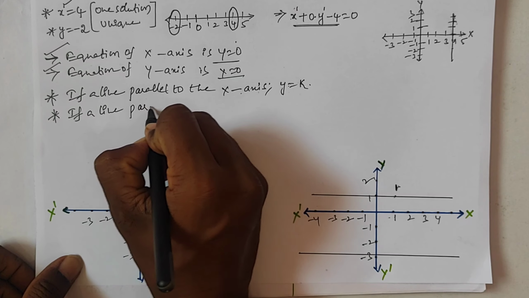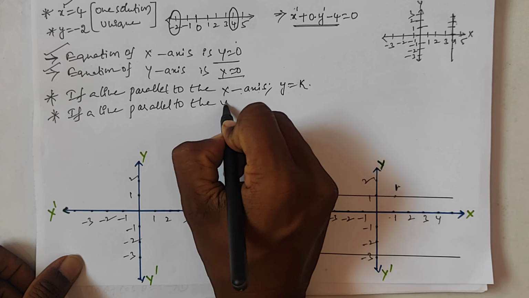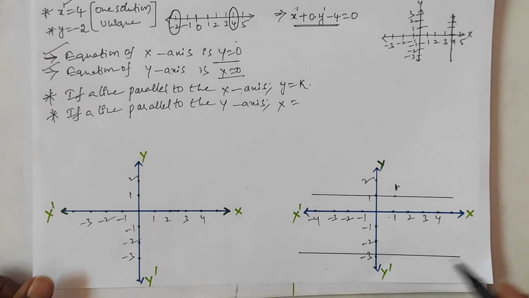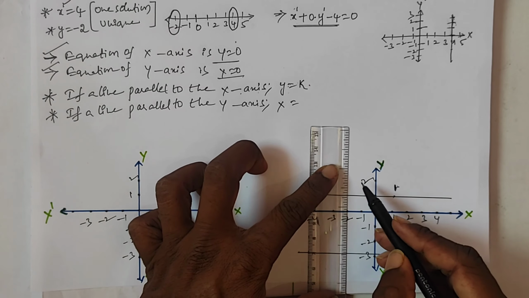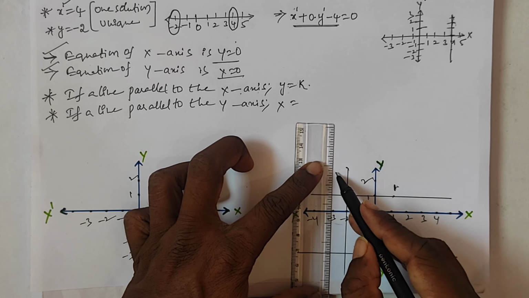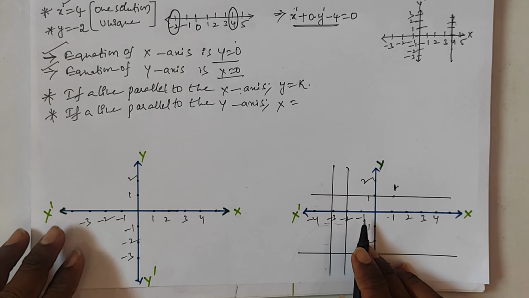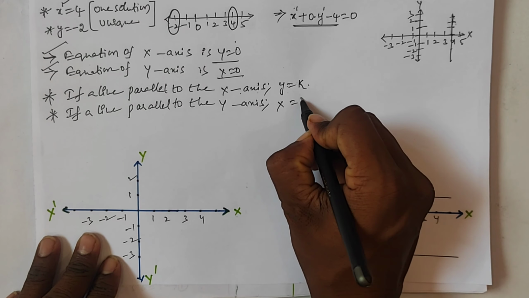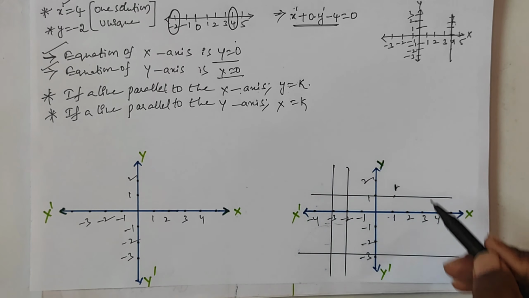Then what about a line parallel to the y-axis? First we will draw a line parallel to the y-axis. See here, it is a line parallel to the y-axis, right? Now what about the value of x here? Same condition, you will get k.